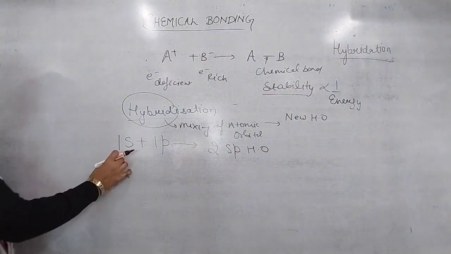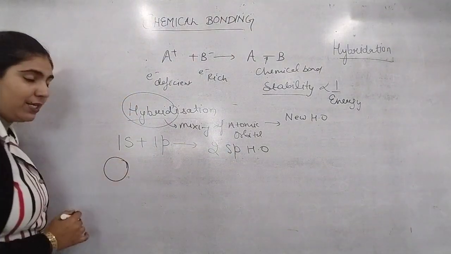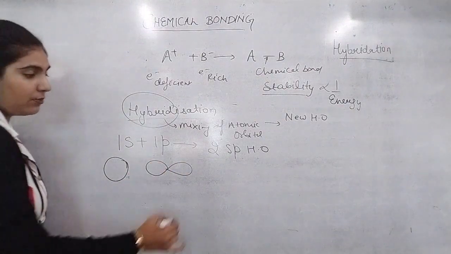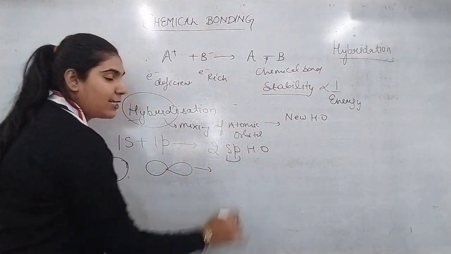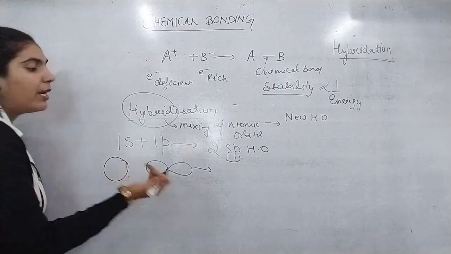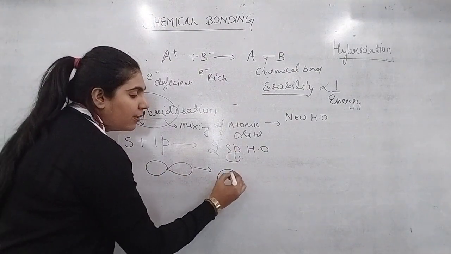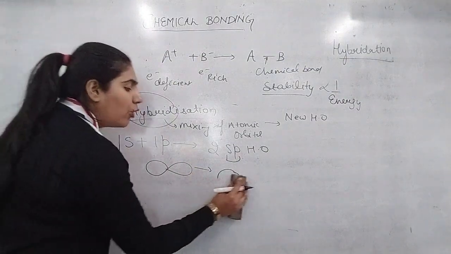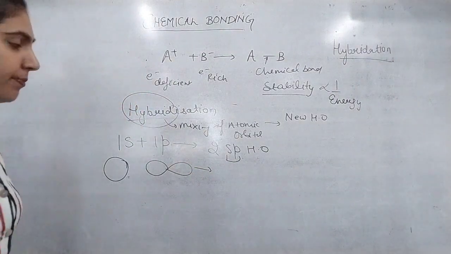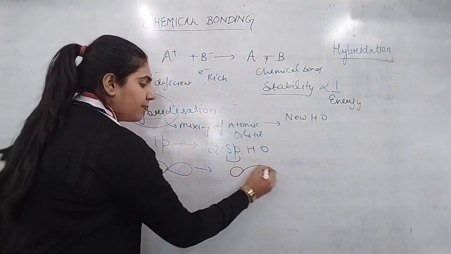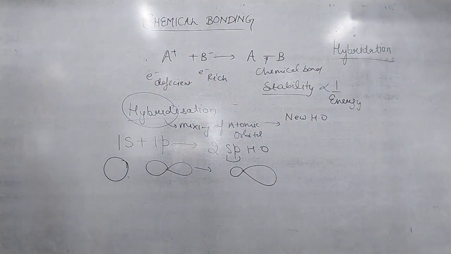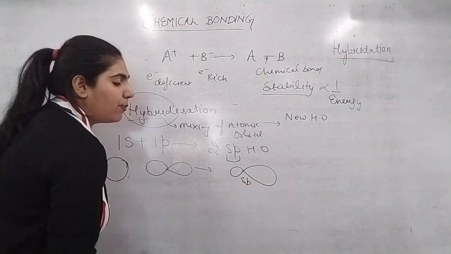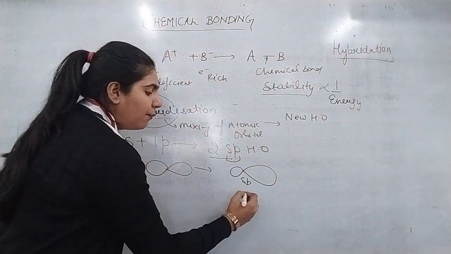So what is the shape of s? You remember it is spherical. What is the shape of p? It is a dumbbell. So what would be the shape of sp? One lobe will be bigger and another lobe will be smaller. So how will we draw it? Like this. Fine. This would be our one sp hybrid orbital, but there are two in number.